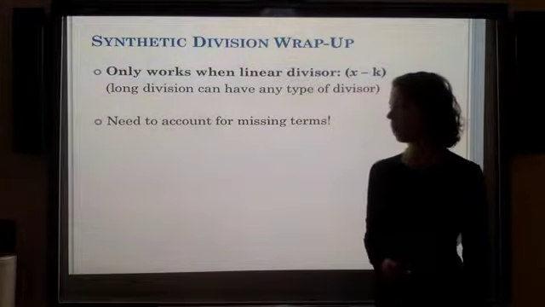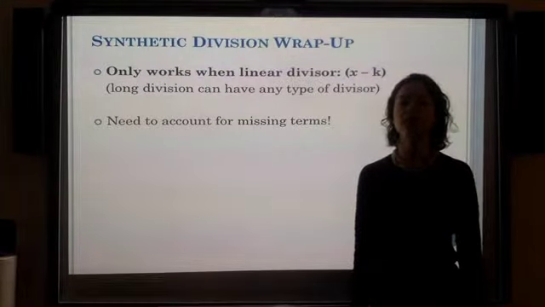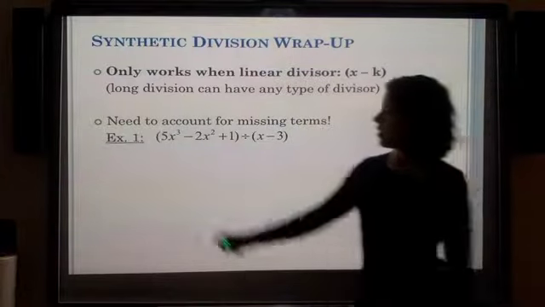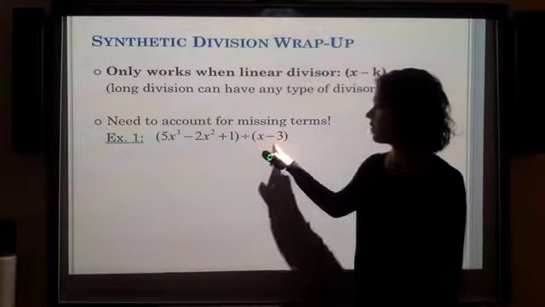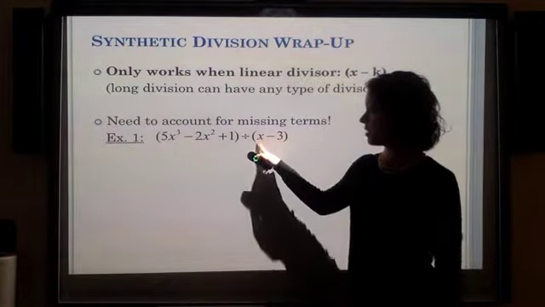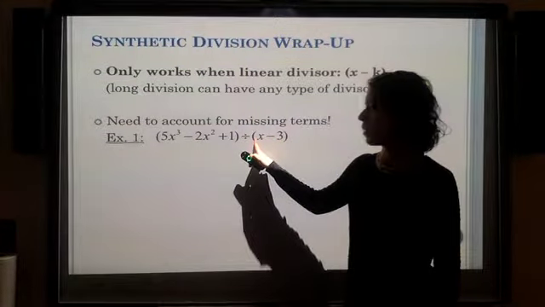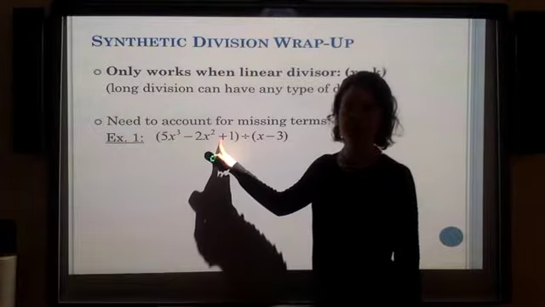Another thing that's very important is just like long division, you have to account for any missing terms so that everything lines up properly. So in this example, if we have 5x cubed minus 2x squared plus 1 divided by x minus 3, we can use synthetic division because this is linear and there's just a 1 in front of the x. But like long division, we have to account for the missing x term.